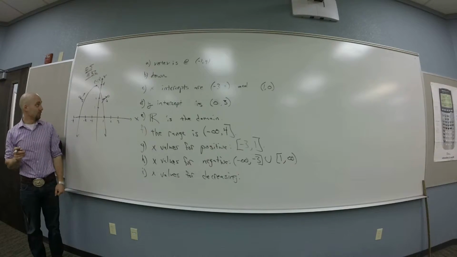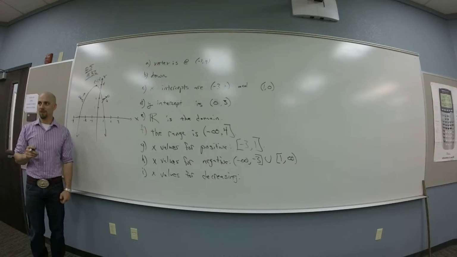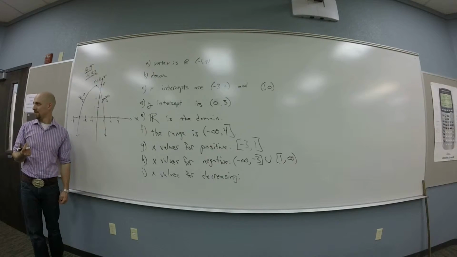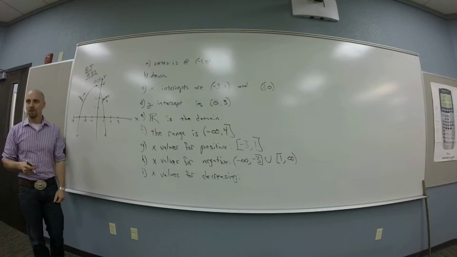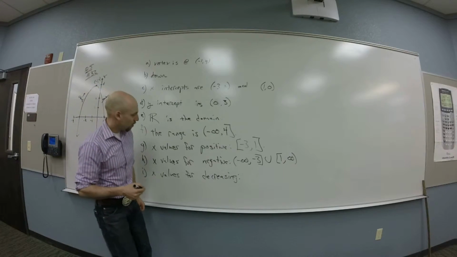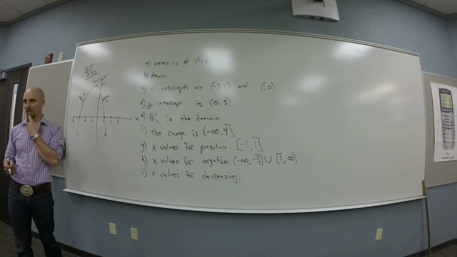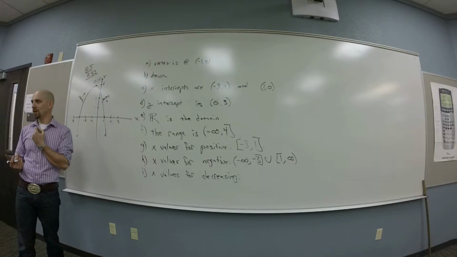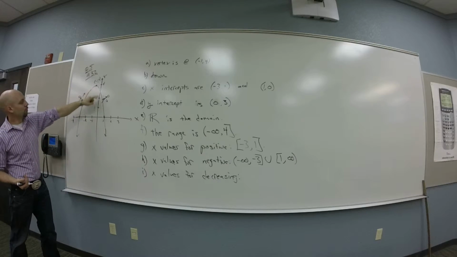How many pieces are important here? 2. These two and maybe the top. You guys see that? Okay, so it's 2. So what's decreasing mean in terms of the little guy? Going downhill. When is he going downhill? So when's our little dude walking downhill? -1 to 1?